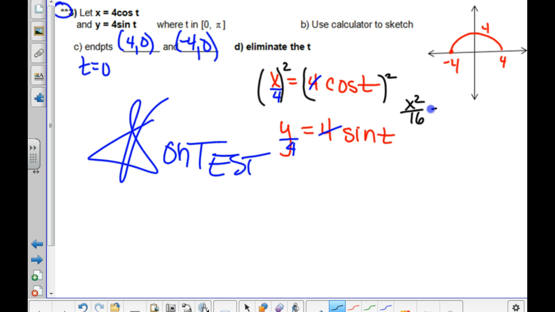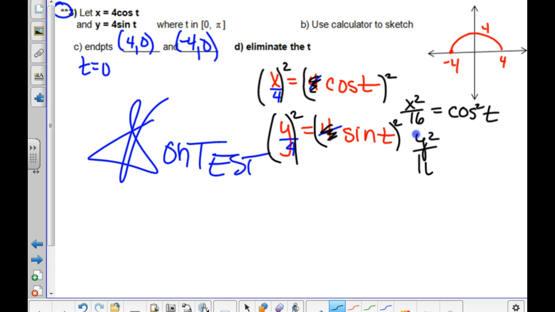And we square the left side, and the right side will become a cosine squared of t. Do the same thing to the y. All right, this is already gone. So I get a y squared over 16 equals a sine squared of t.